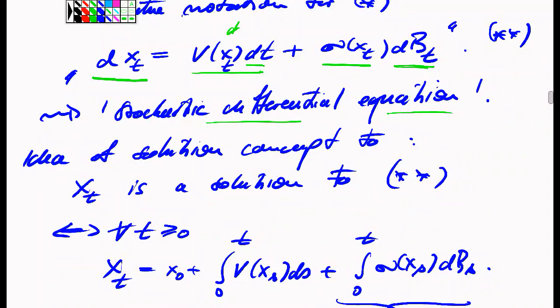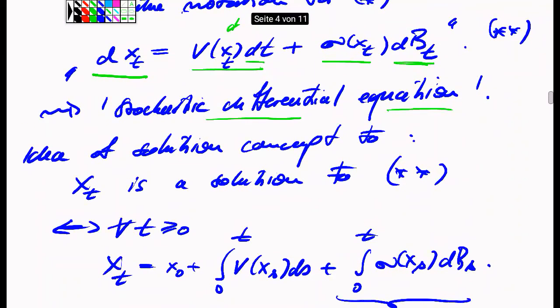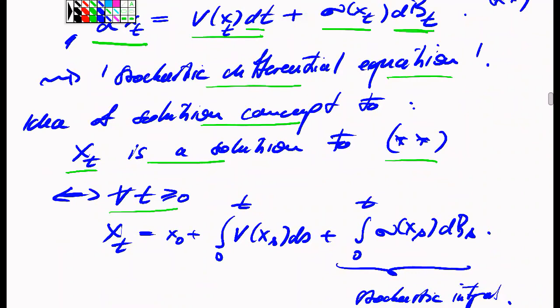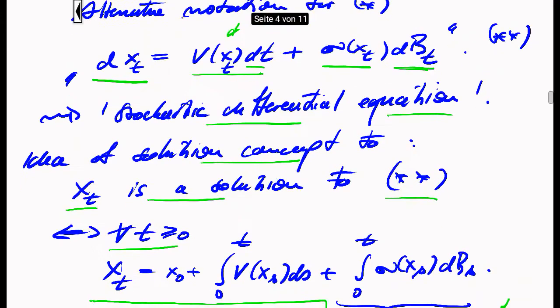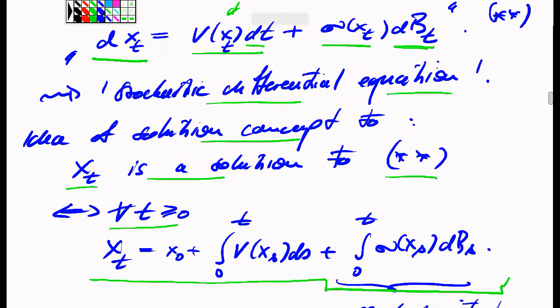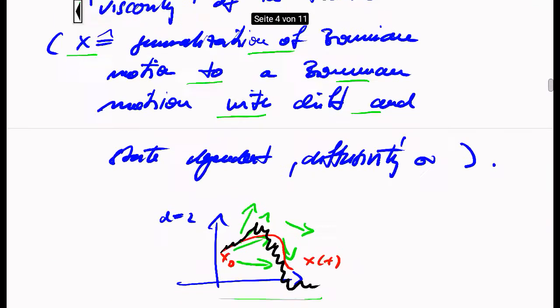So in order to really develop theory, we will basically introduce a solution concept which does the same transformation, namely we say that a stochastic process X, which is, if you like, the description of the black trajectory, is a solution to this stochastic differential equation in standard notation if and only if for all positive times the process X solves the corresponding integral equation, which is obtained by formally integrating this equation 2 star with regards to the time, over a time interval from 0 to t.